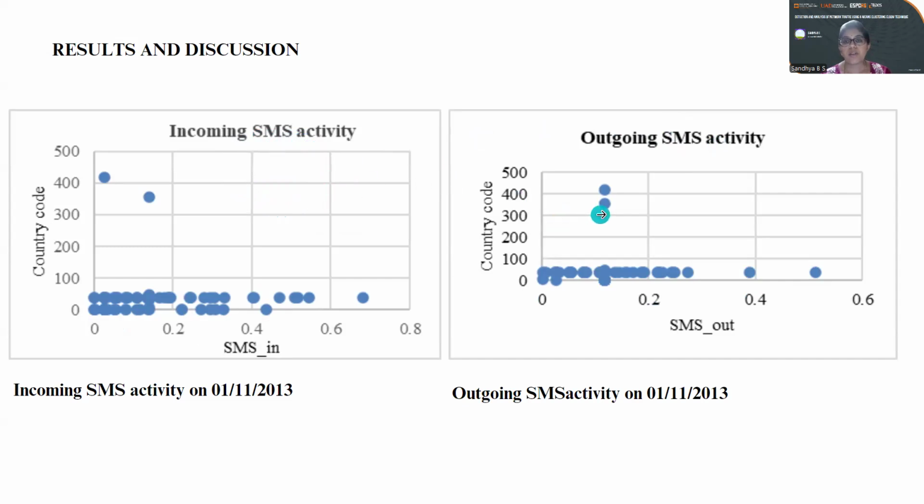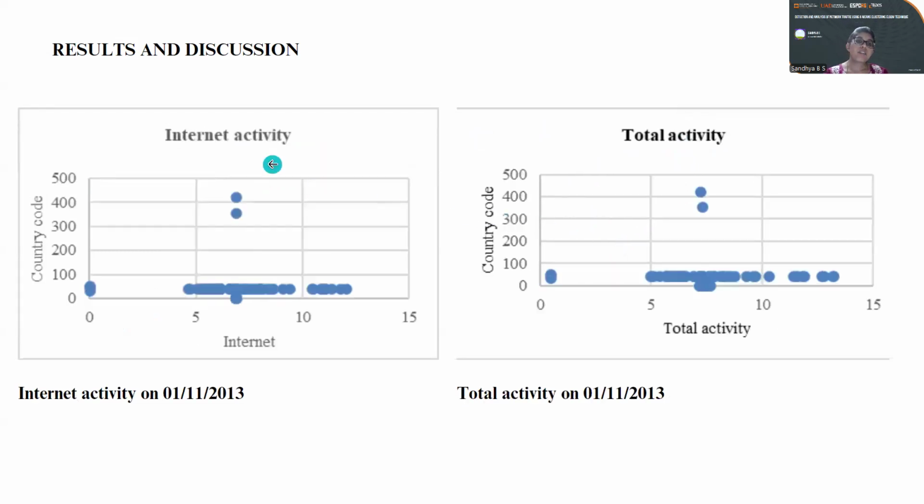And then the fourth plot is for the outgoing SMS activity for the mobile users. Next is the internet activity. And lastly, the total activity, which is the aggregated activities of incoming and outgoing calls, incoming and outgoing SMS, and the internet activity.